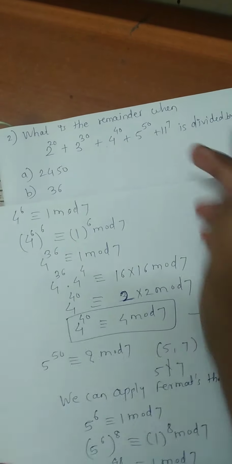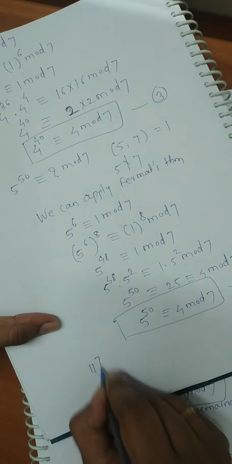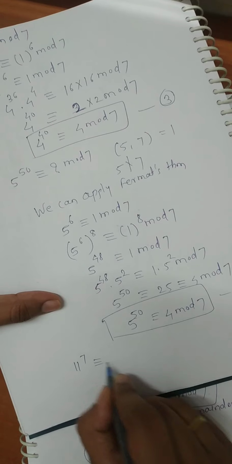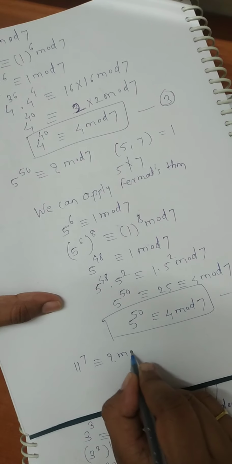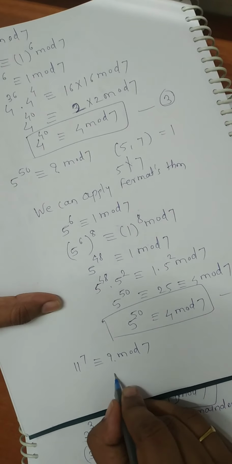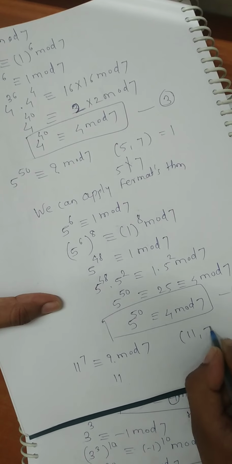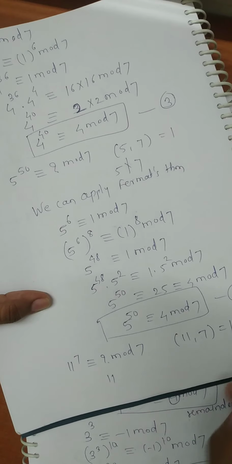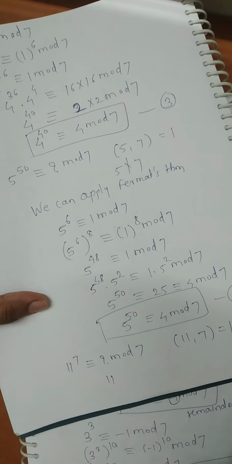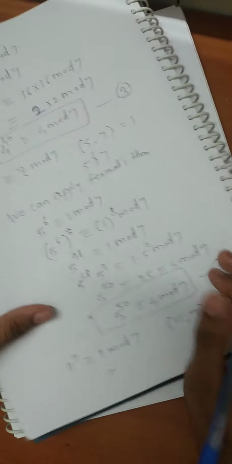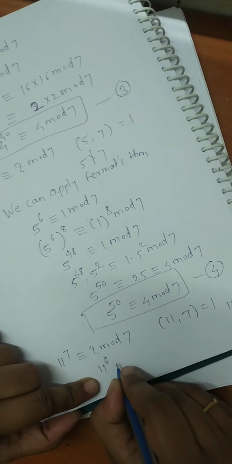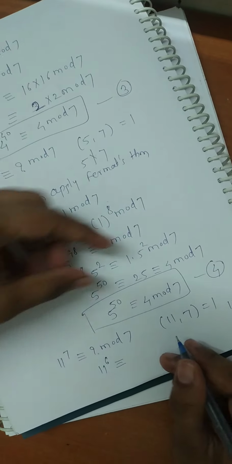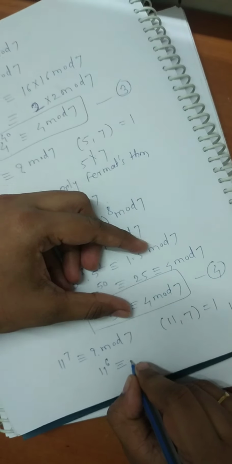And next we want 11 to the power 7. Yes. So 11 to the power 7 is congruent to which number modulo 7? Here the GCD of 11 and 7 is 1 and 11 does not divide 7. So apply Fermat's theorem again. Yes. So 11 to the power 6 is congruent to 1 mod 7 by Fermat's theorem.